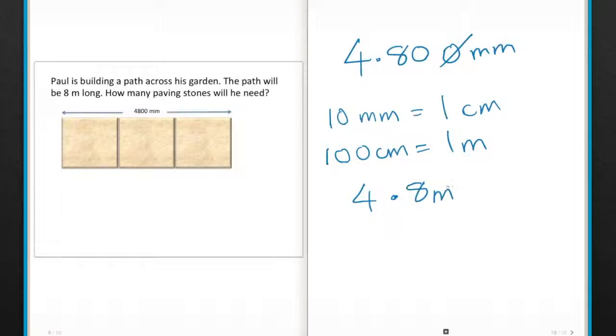And then I need to divide that by 3. 3 into 4.8. How many 3's in 4? 1. Remainder 1. How many 3's in 18? 6. So, each of these is 1.6 metres.